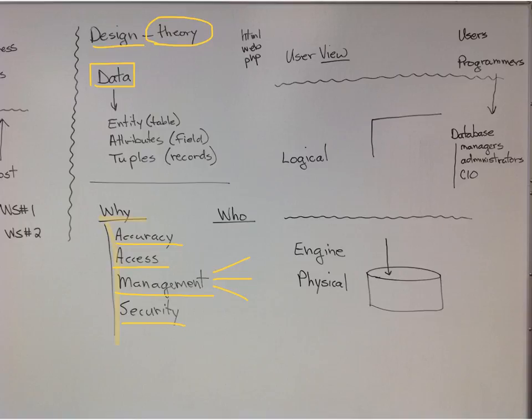So let's go back and talk a little bit about this data. Data is represented typically in a table. We call it an entity that has information that relates to the entity. So if the entity is customers for your business, then this information about the customer should relate to the entity. That information is put in attributes, or often called fields.